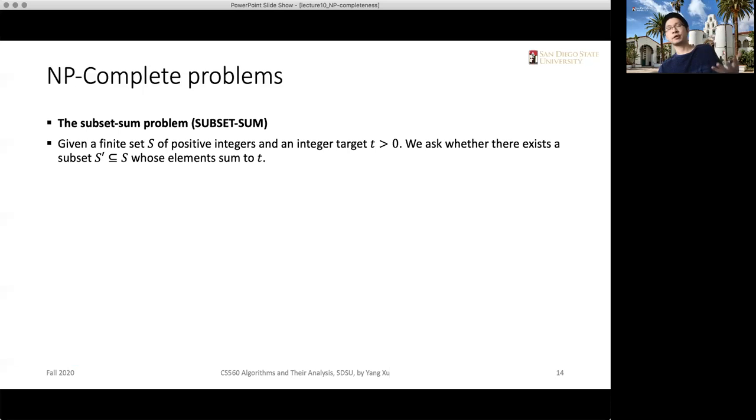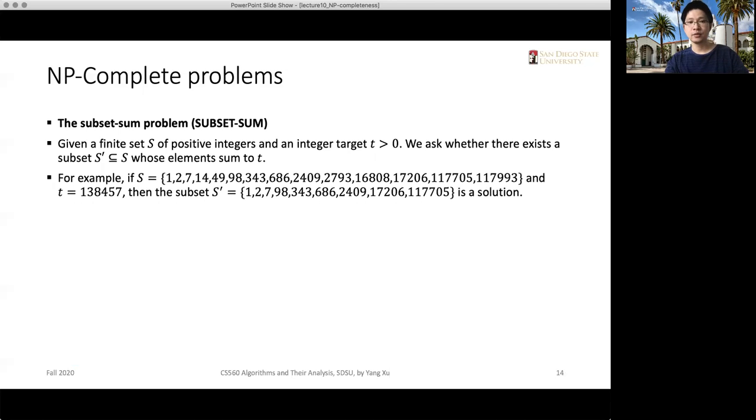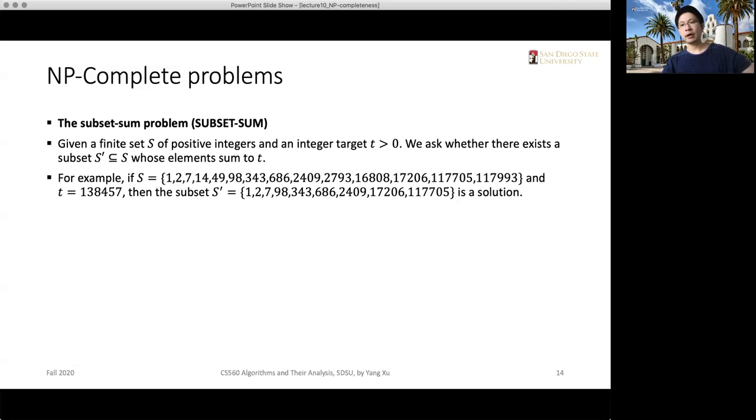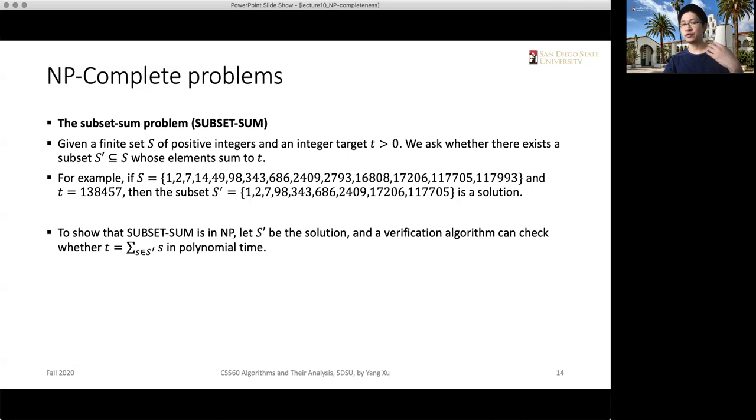Given a set, we want to find whether there exists a subset that sums up to some value. For example, given these integer numbers, a subset is a solution, okay? But let's first look at how easy it is to verify.